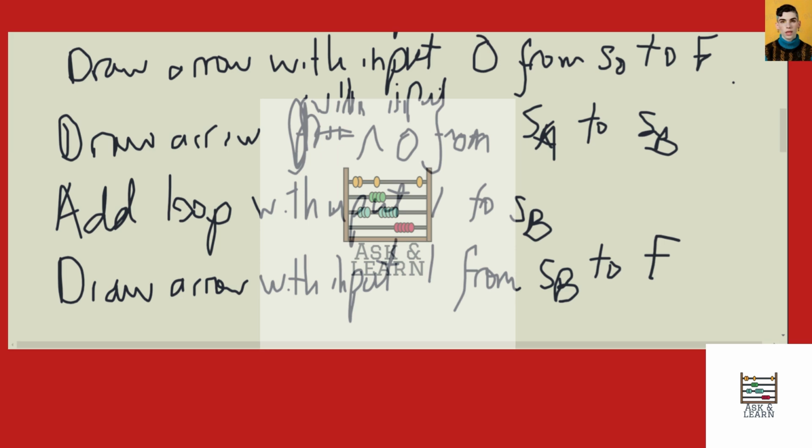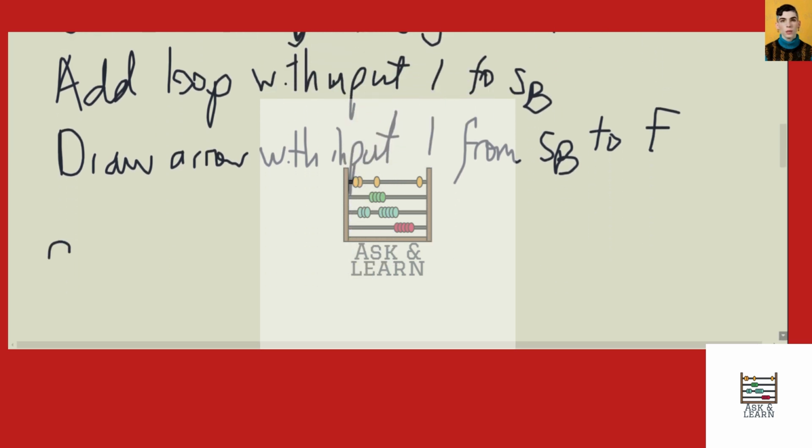Now in part C, we're given the same grammar, except now the productions are S can be replaced by 1B, S can be replaced by 0, and A can be replaced by 1A.